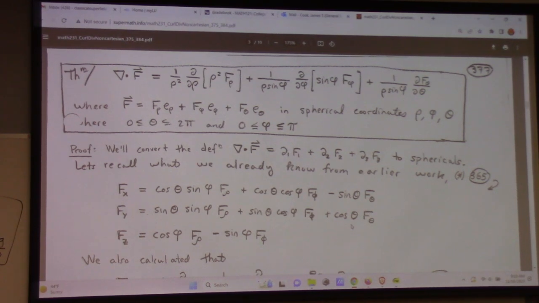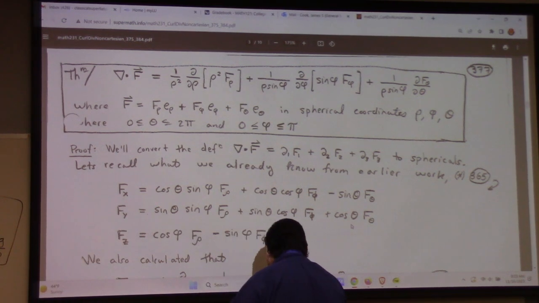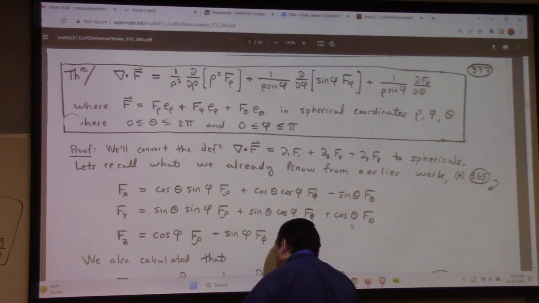For example, this vector field only has a rho hat component. So f rho is 1 over rho squared, and f theta and f phi are 0.